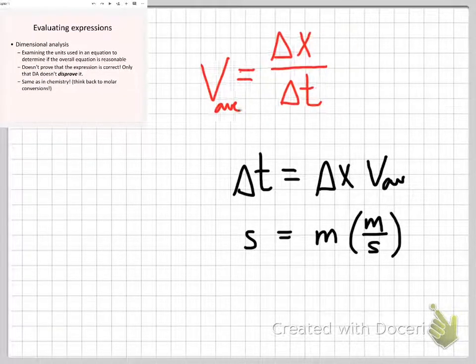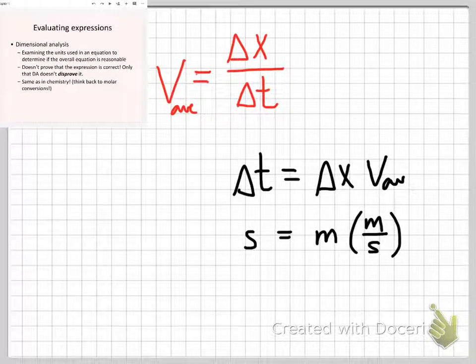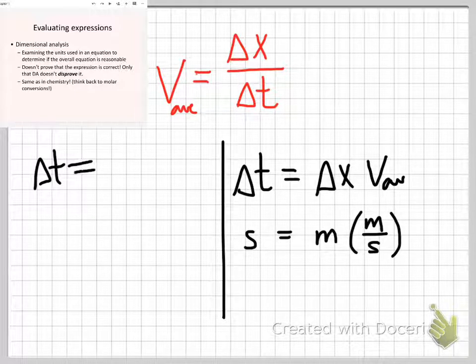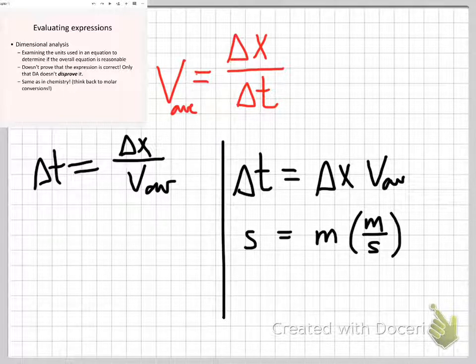Let's say two friends both rearranged this equation. One of them claims that delta t equals delta x over the average velocity, while one of them claims that delta t equals delta x times average velocity. How do you evaluate who's right?